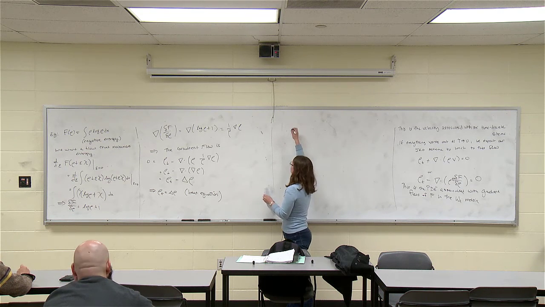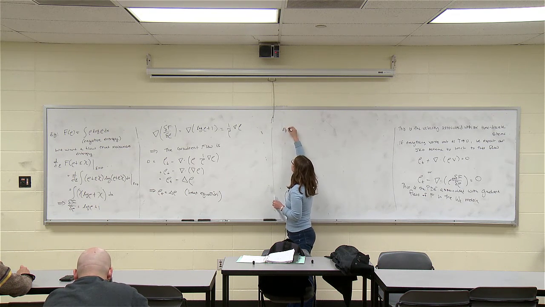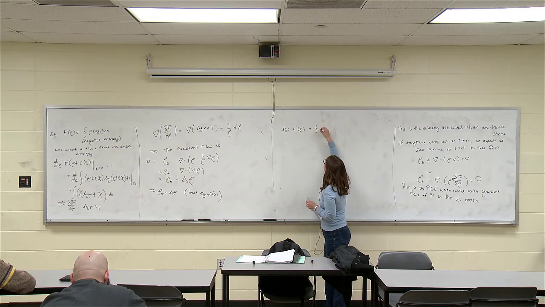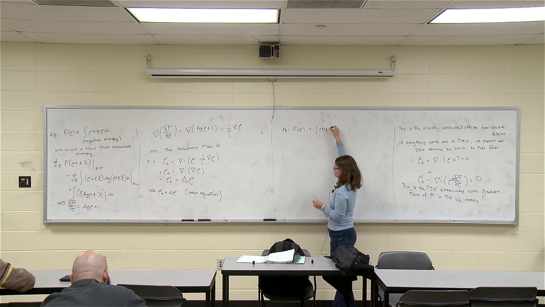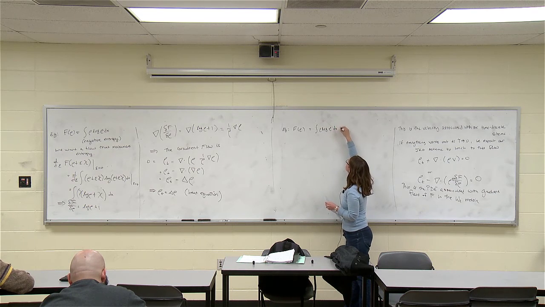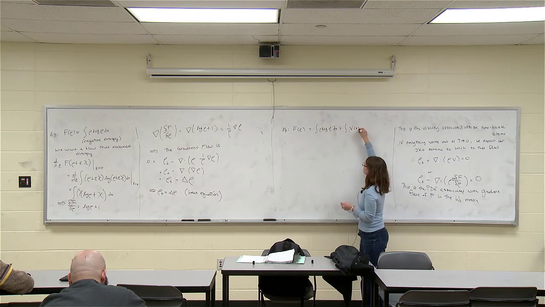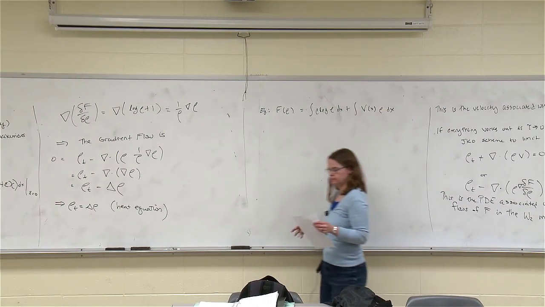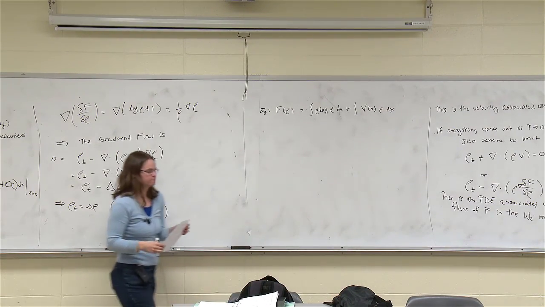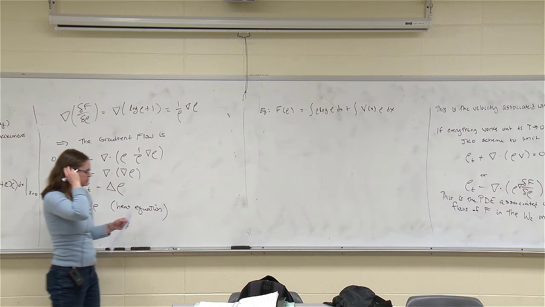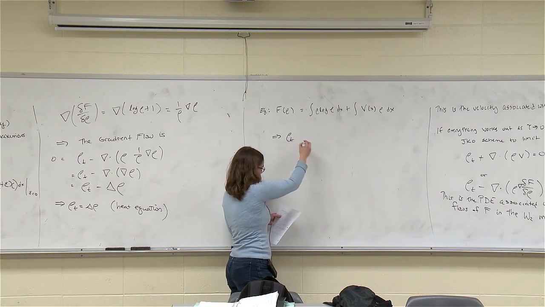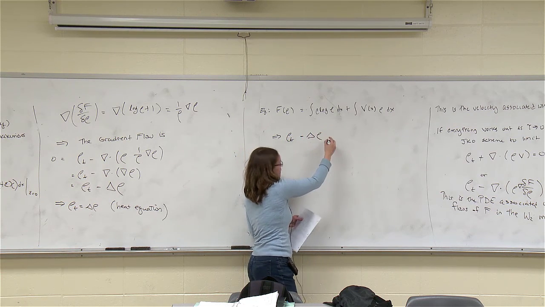So what are some other examples? Well, we could take our negative entropy and add some other kind of potential onto it, say. And you'll get equations like this, the Fokker-Planck equation.